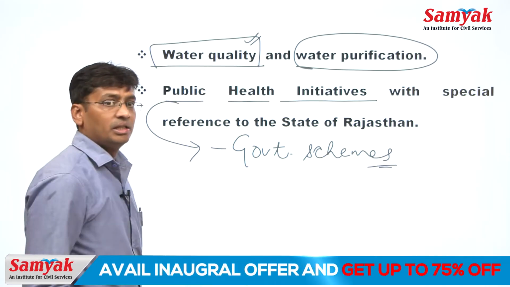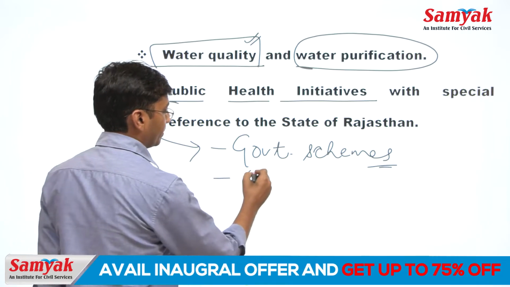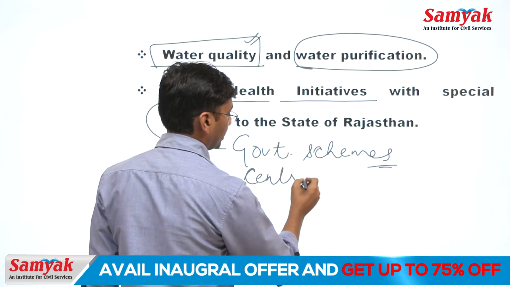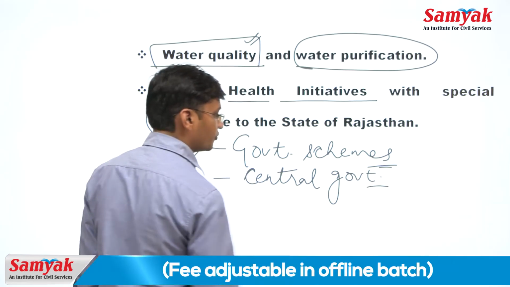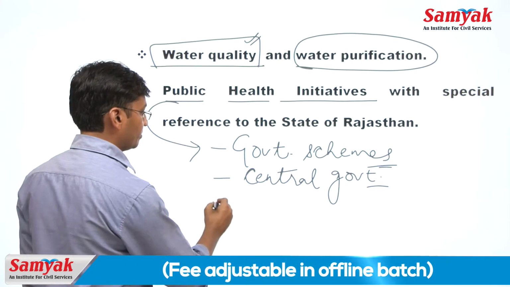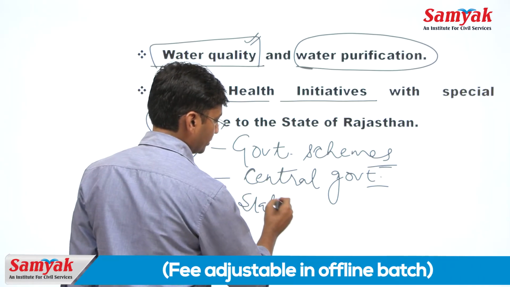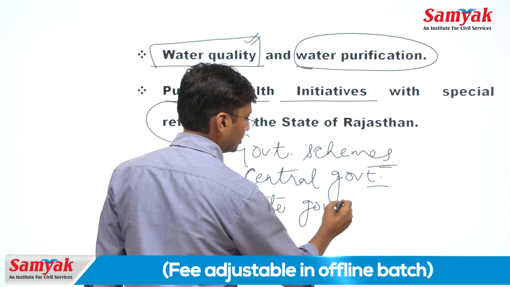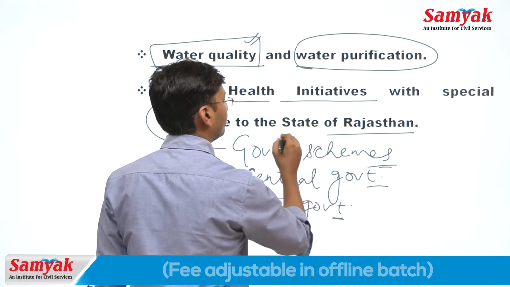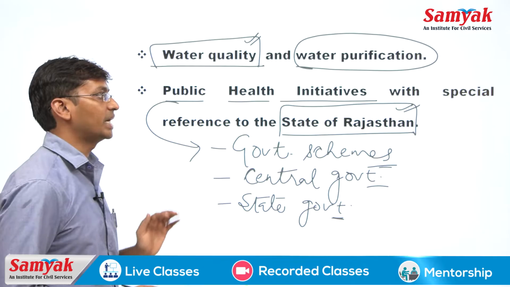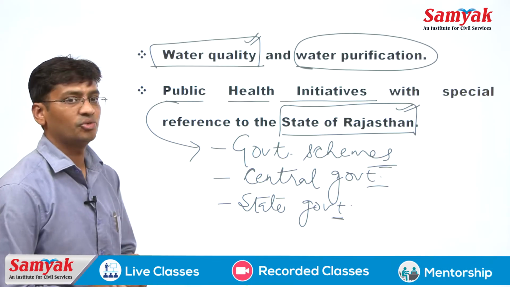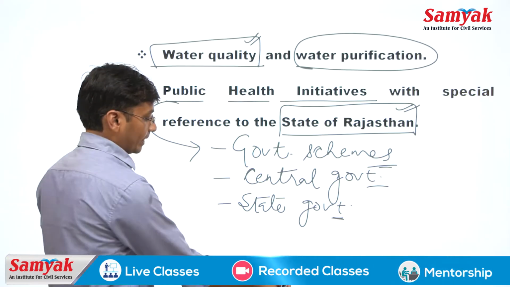They may be the central government schemes as well as the state government schemes, which are running in our state, that is state of Rajasthan. Okay. So, all the basic health initiatives with a special reference to the state of Rajasthan.